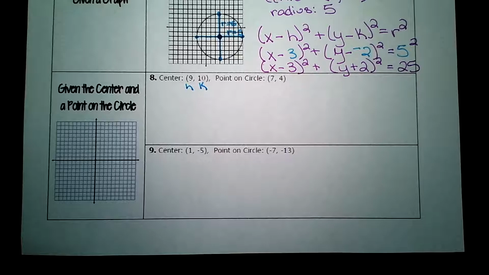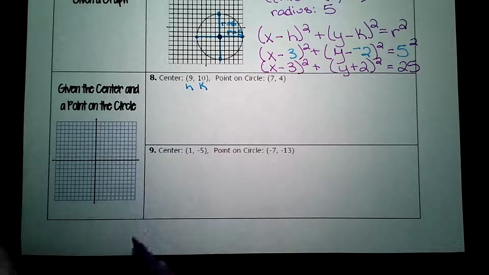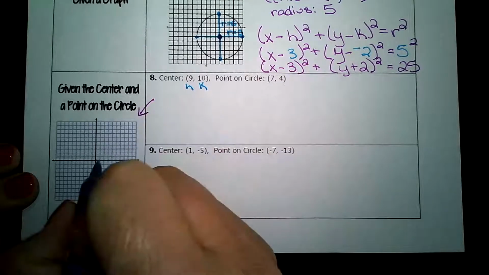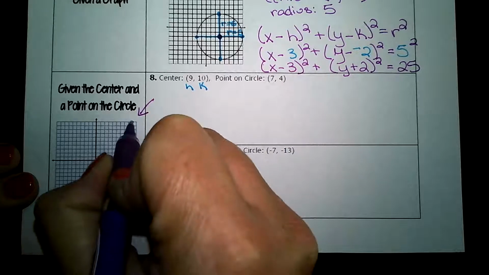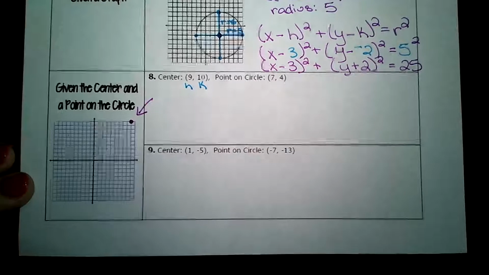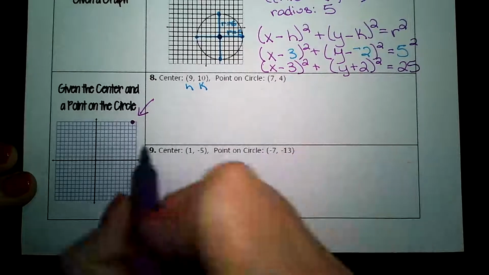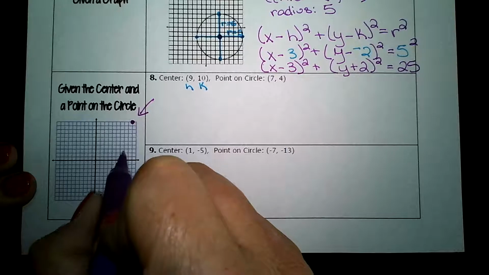So what I would suggest if you are a visual person is working on a graph. Let's take a peek. If I plot 9, 10, there's the center to my circle. The other point that is given to me is the point 7, 4.